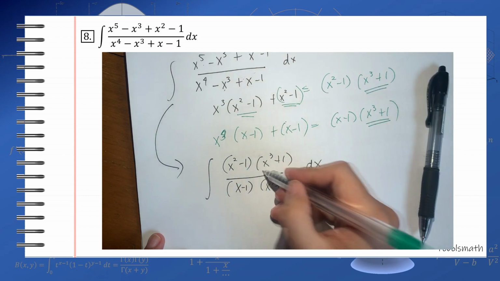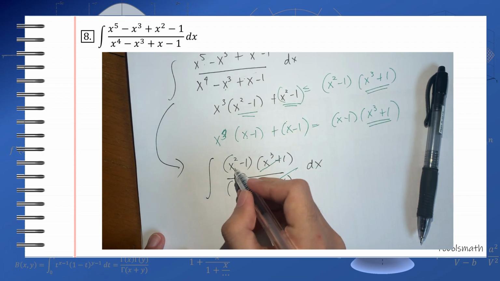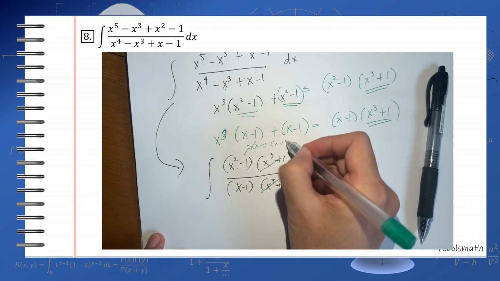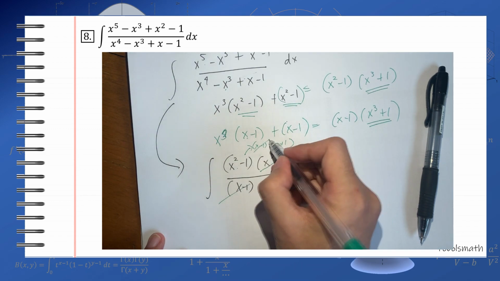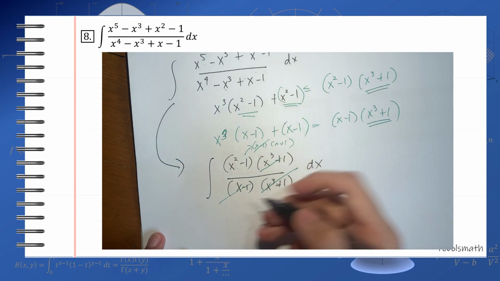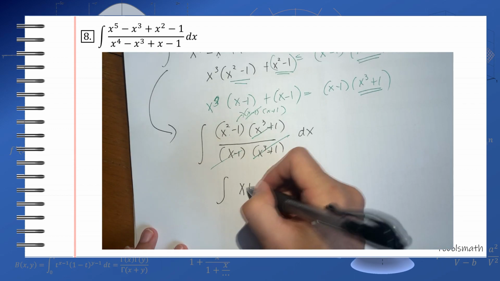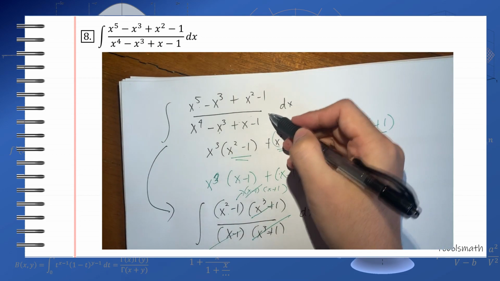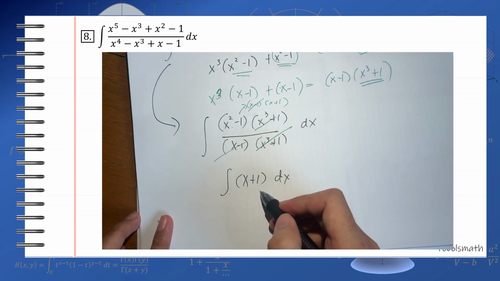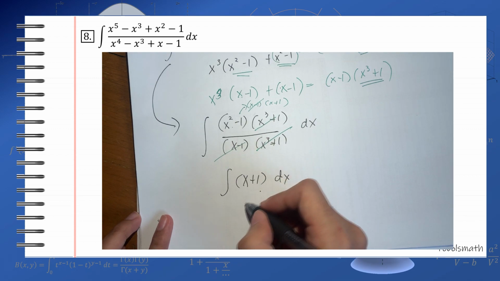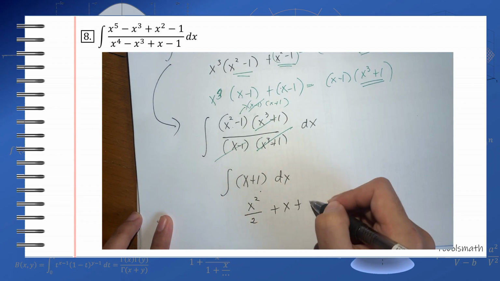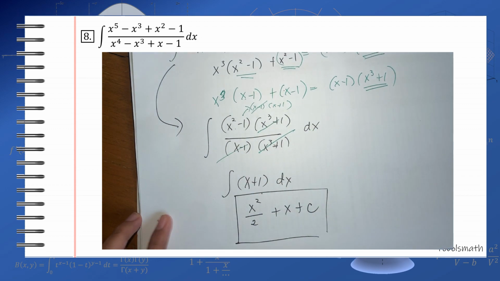This cancels out. This can be factored, x minus 1 times x plus 1. So the x minus 1 should cancel out as well, leaving us only the integral of x plus 1. From this complicated expression, it becomes as simple as this, which we can easily integrate by power rule: x squared over 2 plus x plus c.